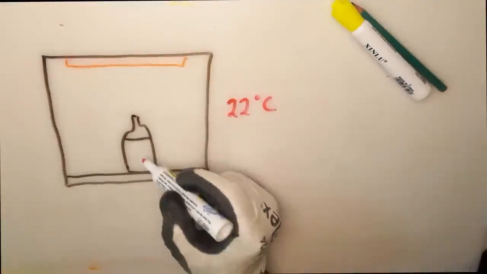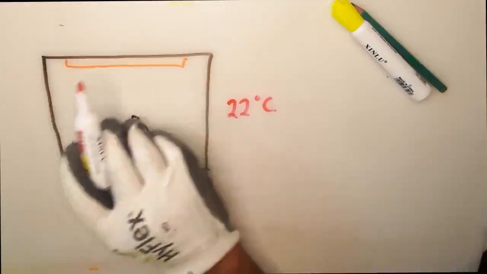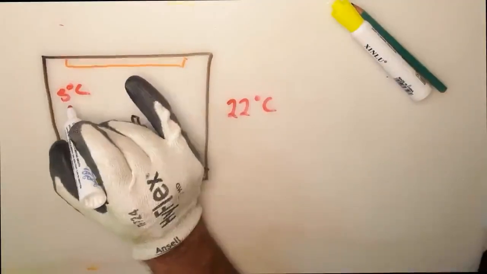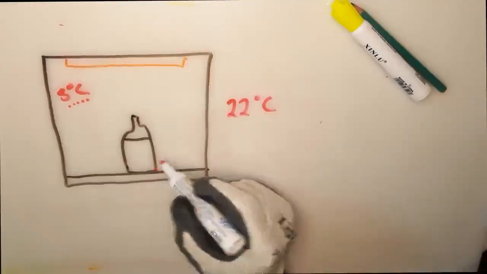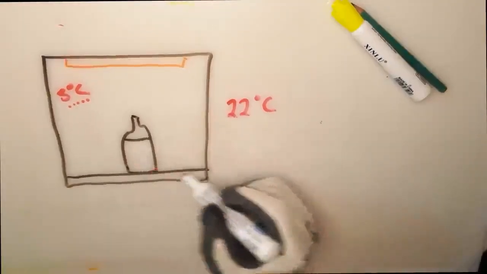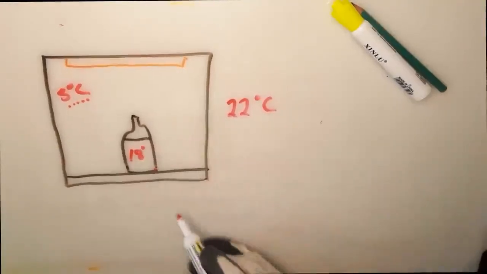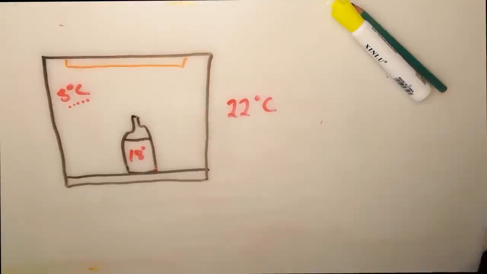Before we put the cool drink inside the fridge, our ambient temperature, meaning the surrounding area in our refrigerator, is sitting at 5 degrees Celsius. Now if I place this cool drink, which was outside, into a fridge, we can safely say it could be around 18 degrees Celsius.